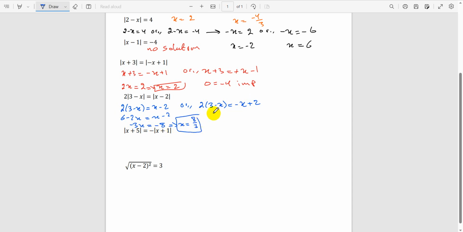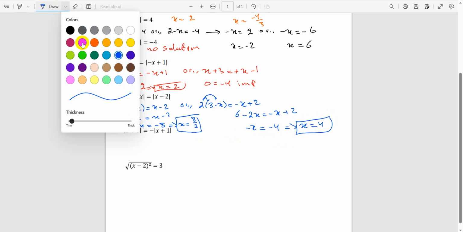This is the first solution. From the second, 2 times 3 minus 2x equals minus x plus 2, which is minus x equals minus 4, implies x equals 4. This is the second solution.